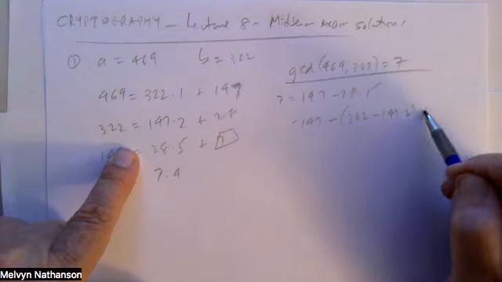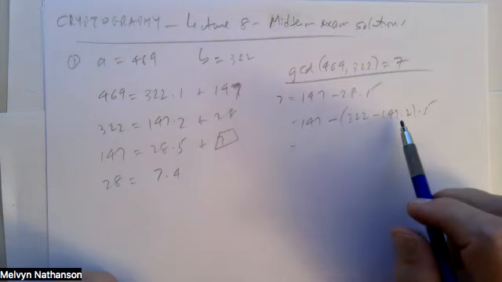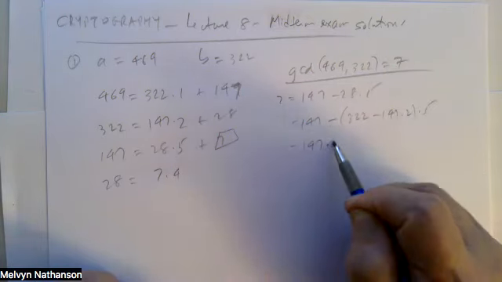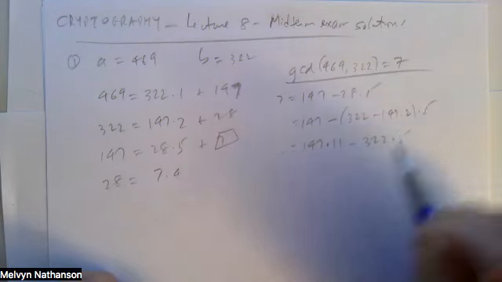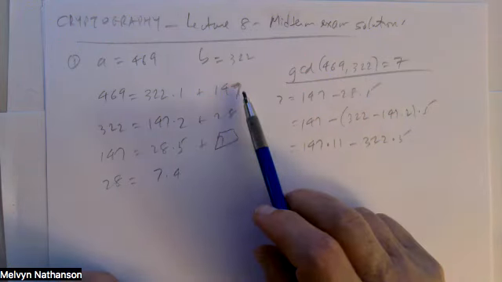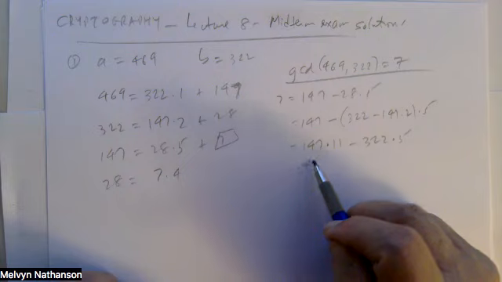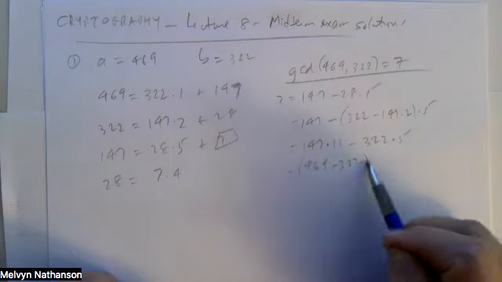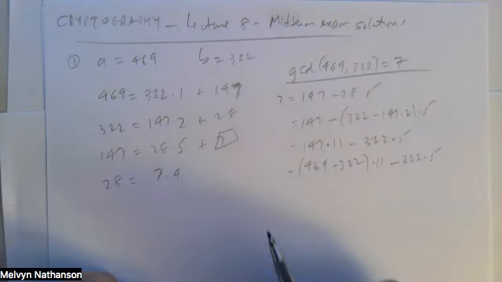That's 28 times 5. So I have 147 plus 10 times 147, that's 147 times 11 minus 322 times 5. And 147 is 469 minus 322. So that times 11 minus 322 times 5.